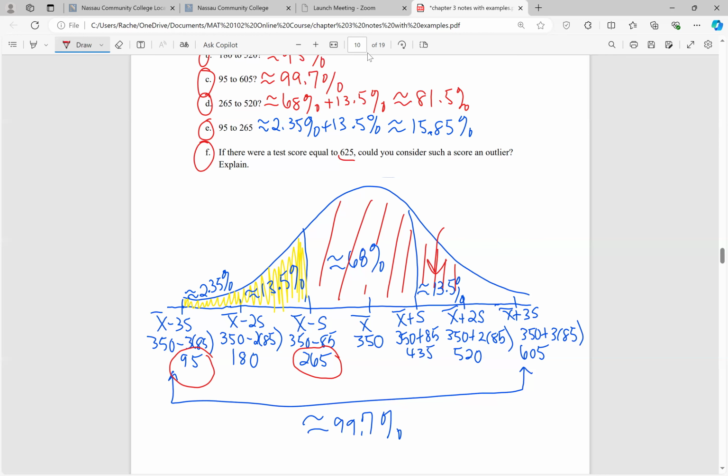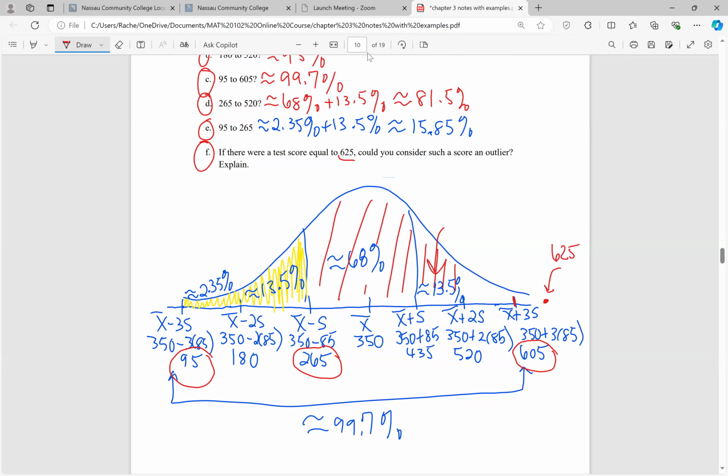So where would a 625 go if it were on this distribution? If there was a score of 625, it would go to the right. It would go past 605, because you see how we have 605, that's the data value that's 3 standard deviations above the mean. A 605 would lie out here, right? I'm sorry, 625 would be about out here.